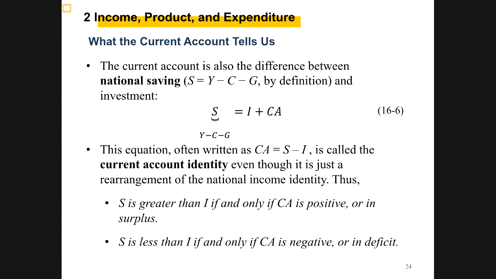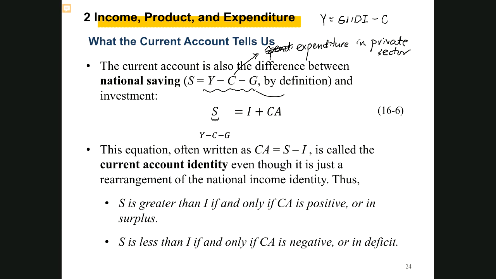Okay, so now we define another called national saving. This, right, minus the spending, expenditure, okay, not spending, expenditure in private sector. G is the expenditure, government spending, in public sector, right?